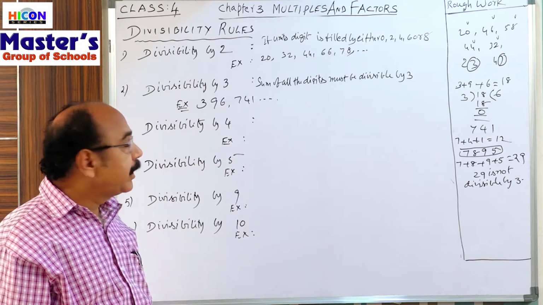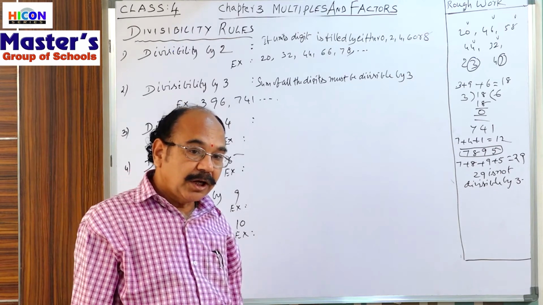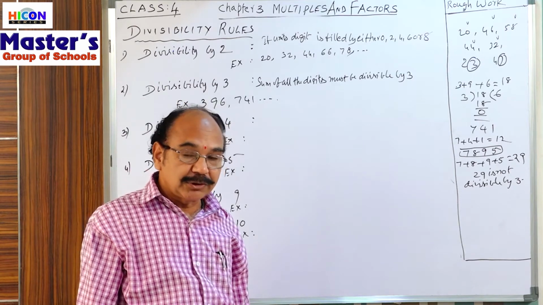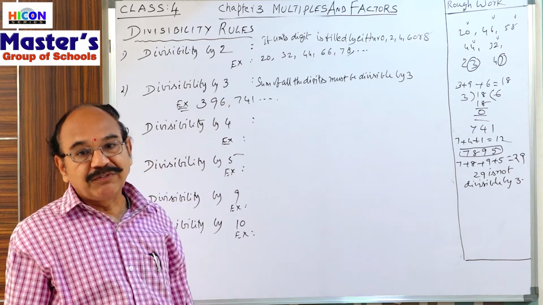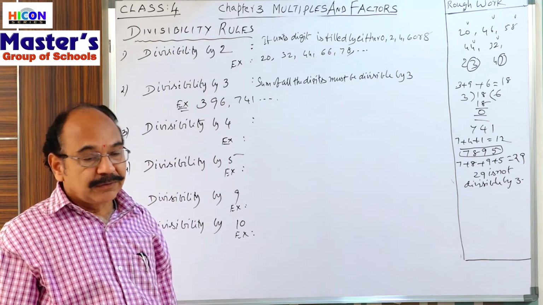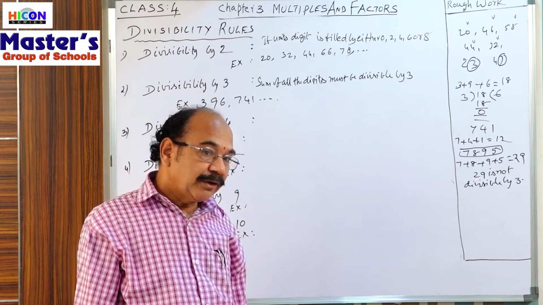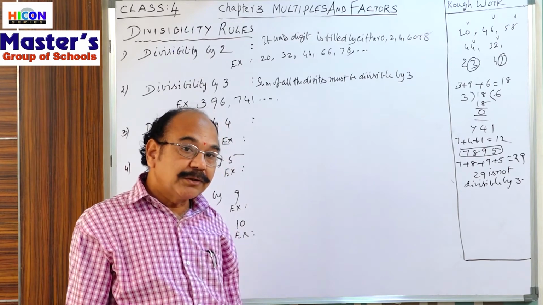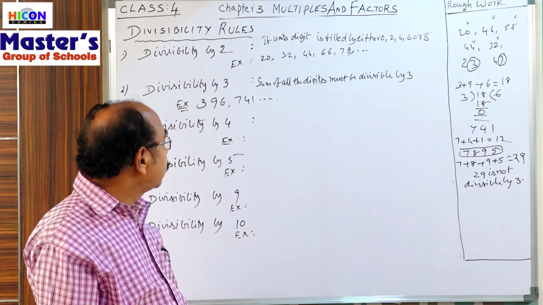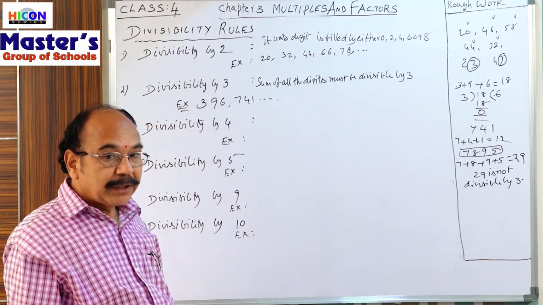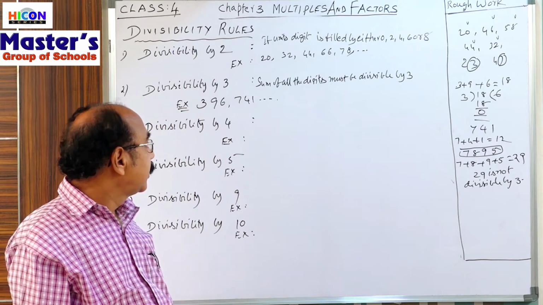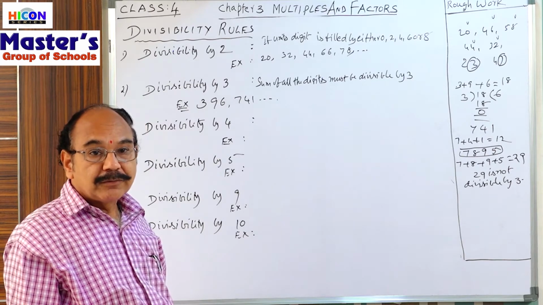Otherwise, another one is there. If the last 2 digits of a given number are filled by zeros, then we say that the given number is divisible by 4. That is the divisibility rule.